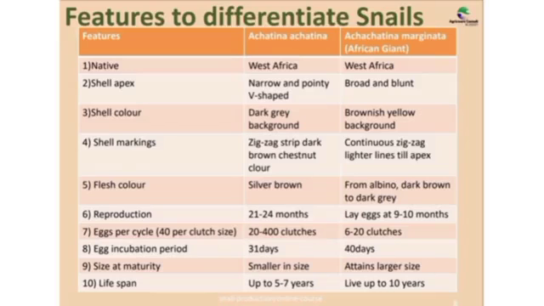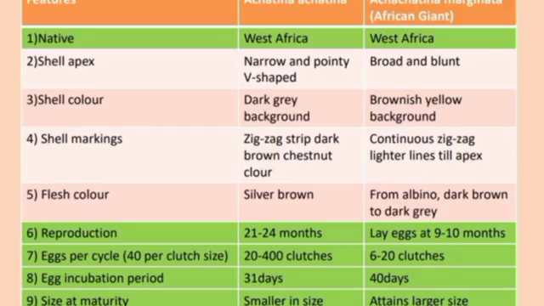Feature number 4, flesh color. The flesh color in Achatina achatina is silver brown, a lighter shade of brown. Whereas the flesh color of Achatina marginata ranges from albino, it could be dark brown, it could be dark gray.